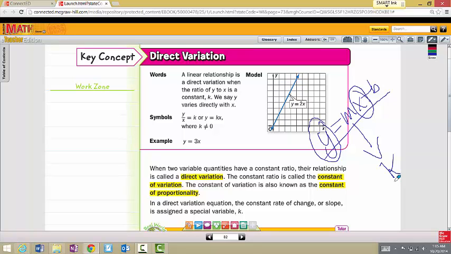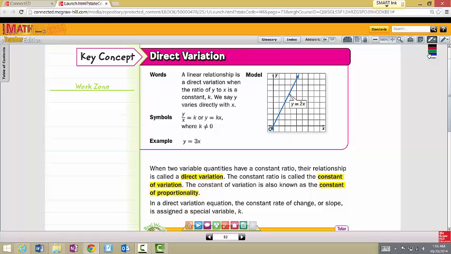All of those things mean the same thing. When it's an equation of a line, it has that slope or that constant, and that's why we're using k instead of m. So k means constant or slope.